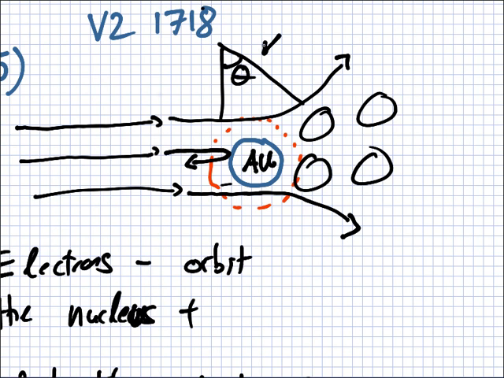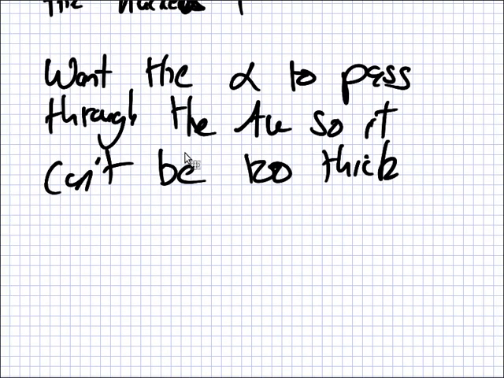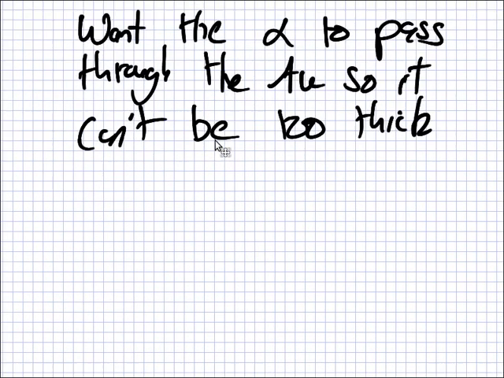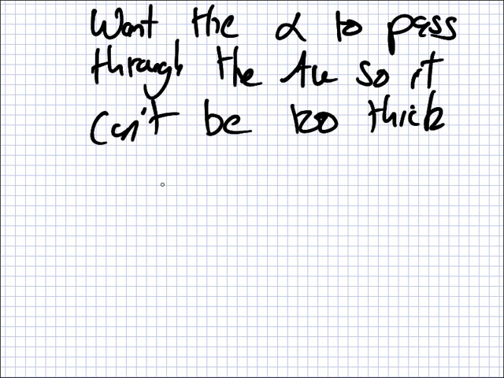Basically it all comes down to his measurements of the angles from the scattering. You can look it up online. It's a bit complicated. You wouldn't do it at IFY level; it'd be university level. So what's next? Give a reason why it was important that the beam of alpha particles was narrow.